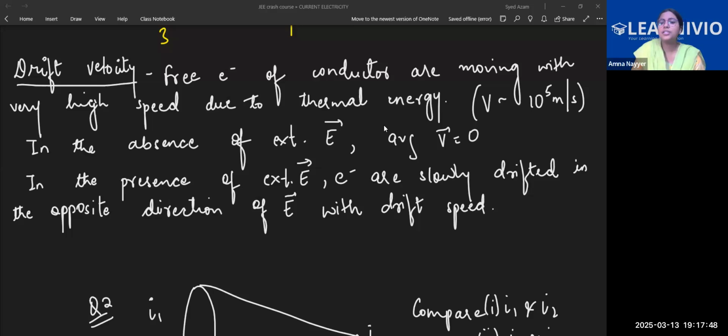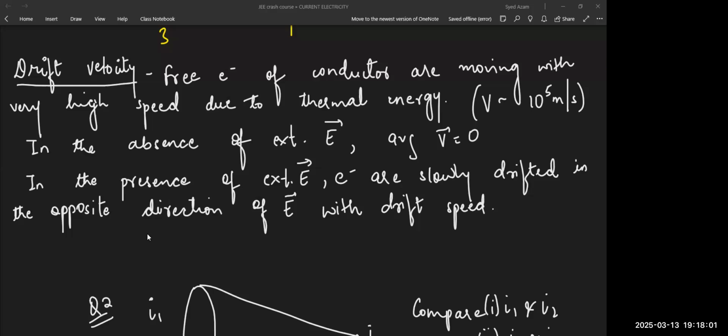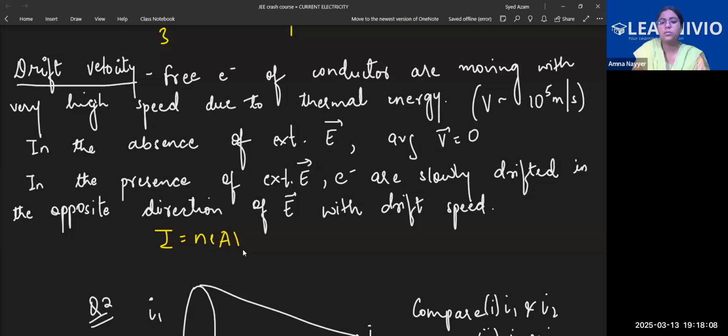So there's a relationship between current and drift velocity. Please tell me what's the relation? You must have used it in your board exams also. I is equal to neAv_d.